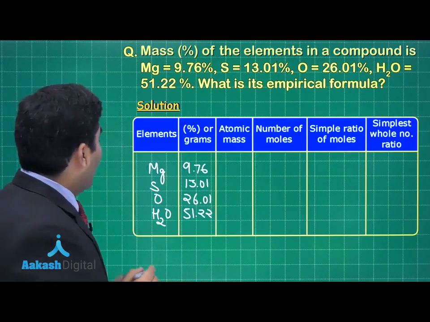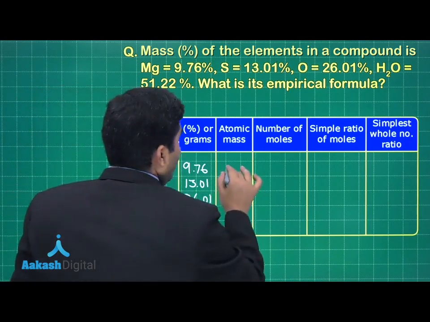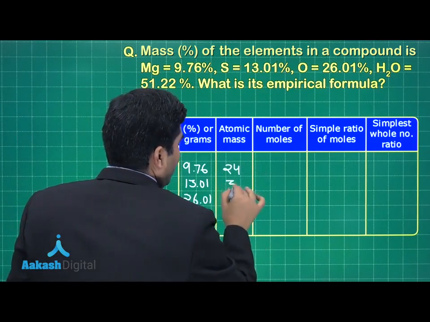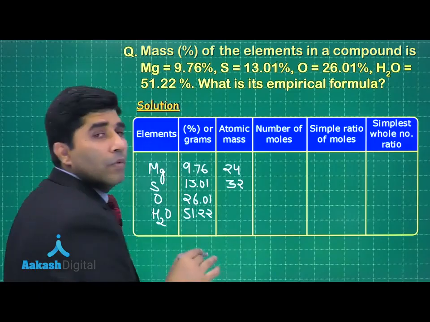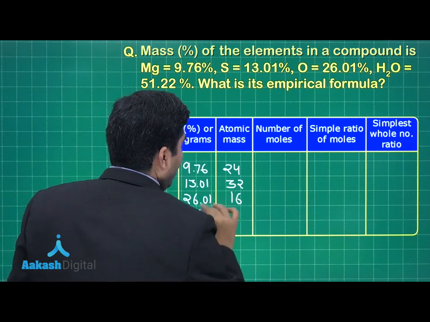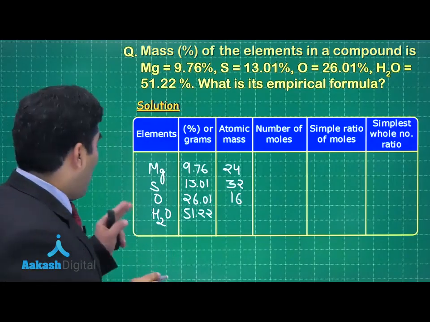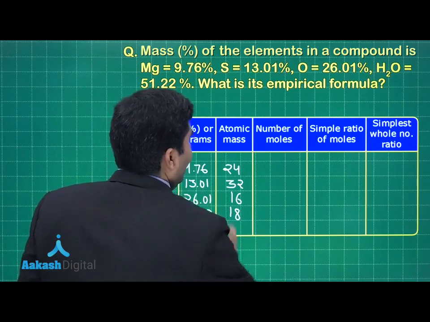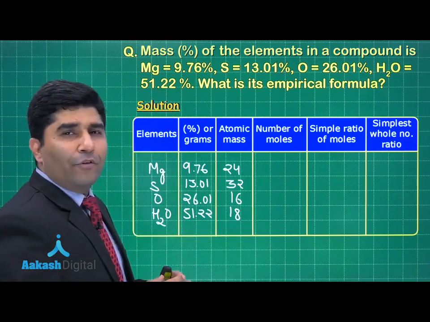And now we have to write the atomic masses. Magnesium atomic mass is 24, sulfur is 32, right? Oxygen is 16, and the molecular mass of water is 18. Now we have to find out the number of moles.